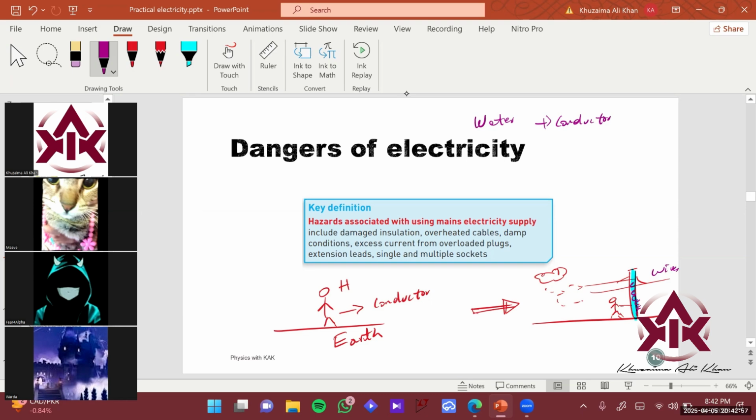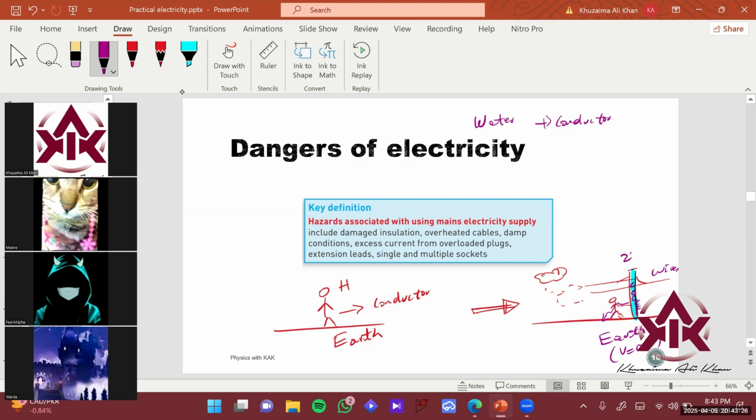And when you make contact with the metal pole and you also have the earth, and we know that the earth is at 0 volts, when you touch this pole, you create a path for the current to flow. It goes from your hand through the mid part of your body to your foot and back to the earth.